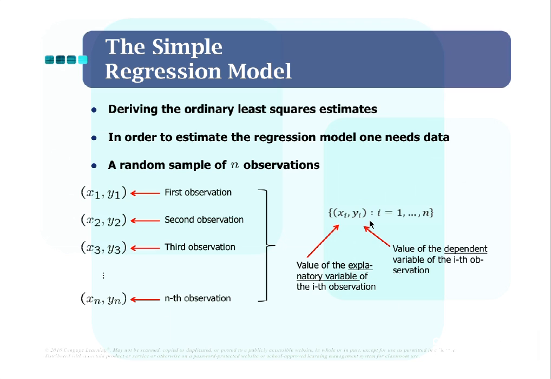Okay? So what we want to do is, we have this data. How can we use this data to estimate beta 0 and beta 1? Okay, so that's our objective.